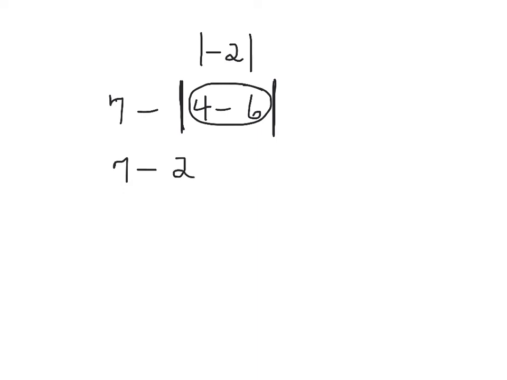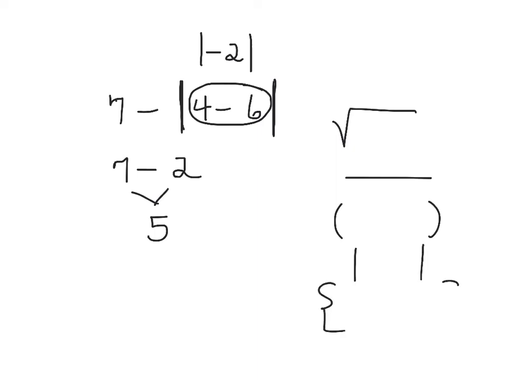Negative 2 is 2 units away from 0. We simplify here, and we get 5. So again, square roots, fraction bars, parentheses, of course, absolute values. We also have squiggly brackets or square brackets. All of those things can act as grouping symbols. There may be a few others that I'm missing too, but these will be our big ones for Algebra 1.